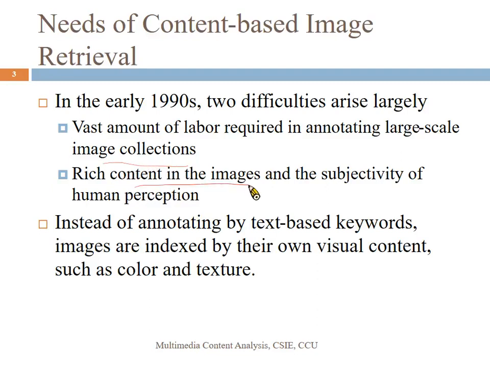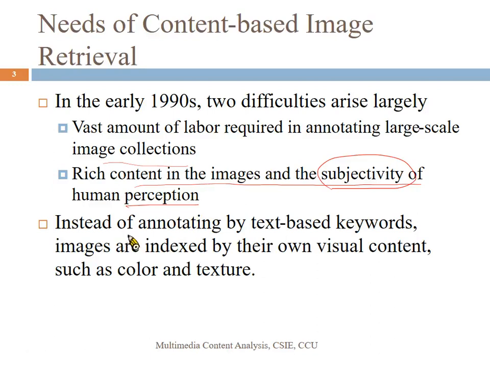And the rich content in the image and the subjectivity of human perception also cause a challenge. The subjectivity means for the same photo, for the same image, different people may have different perceptions or different interpretations of this image, so that different people may annotate the same image in different ways, and that causes a problem.